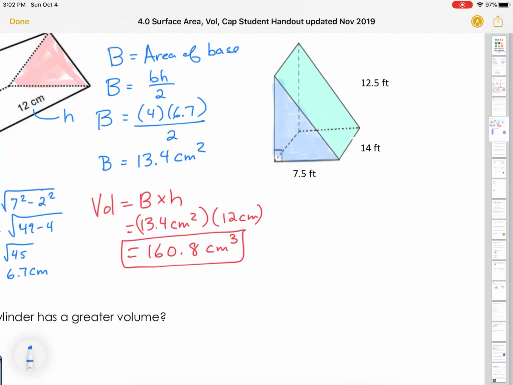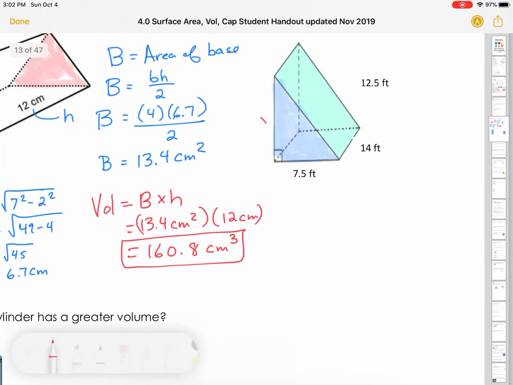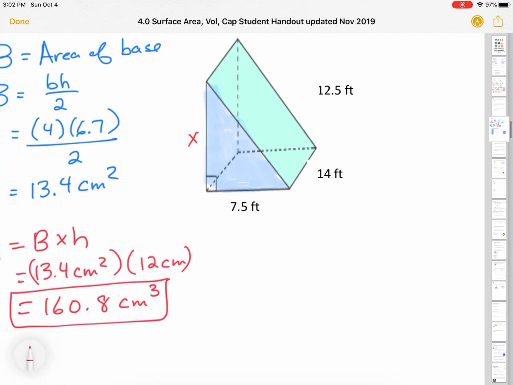Now the nice thing with it is, oh, no, it's not. We still have to find the height of our triangle. So we still need to find this, right? To find that height, because x will be the height of our triangle.